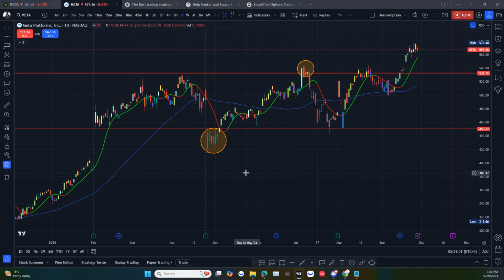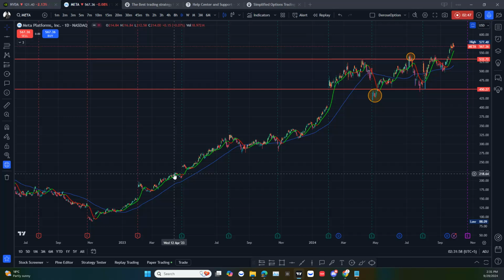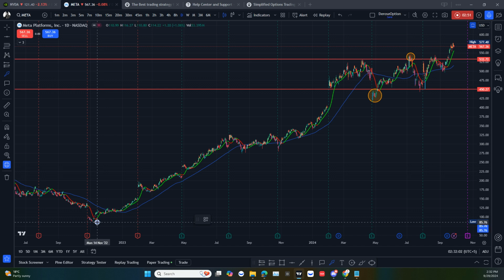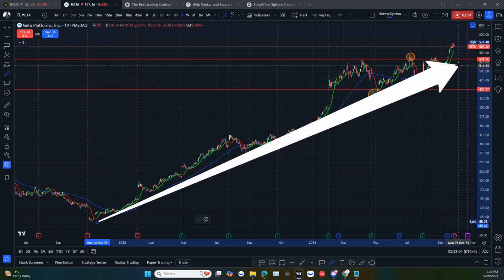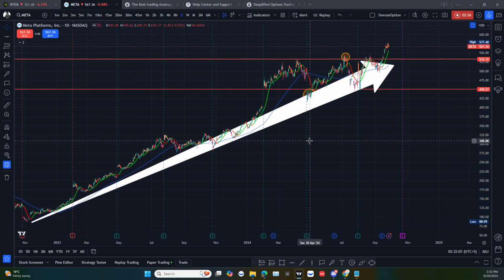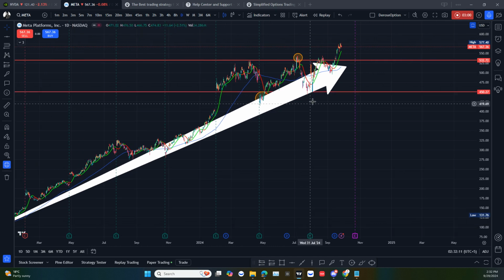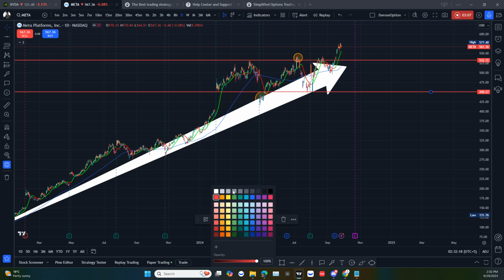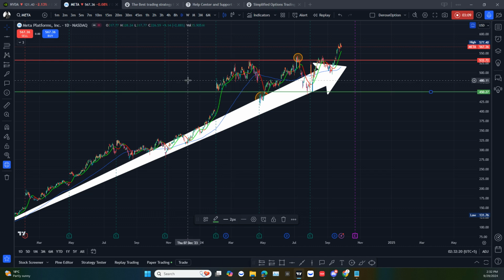And while you have drawn that, it is also very important to note the general direction of the trend. In this case, if we take a look here, we will see that the general direction of the trend is that way, meaning we are in an uptrend. So since we are in an uptrend, that means that the resistance level, the red line up there, actually let me paint this to be green, the resistance level up there is weaker.